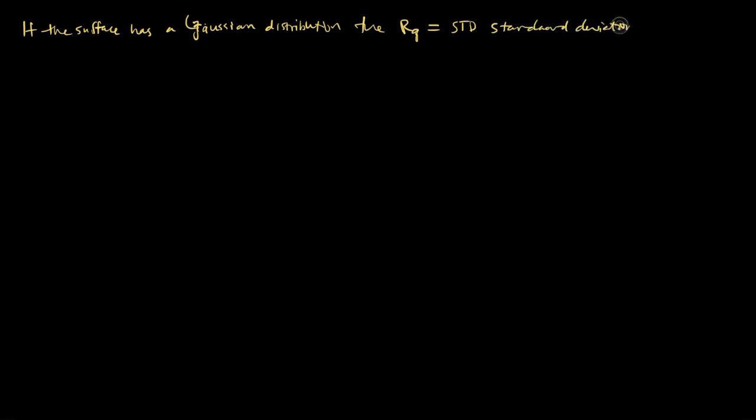Okay, so assuming you have a Gaussian distribution of surface roughness over the mean, and you had a nice Gaussian distribution, then the RQ value is the same thing as the standard deviation of the surface, which gives you the statistical confidence of where your values are in the surface.